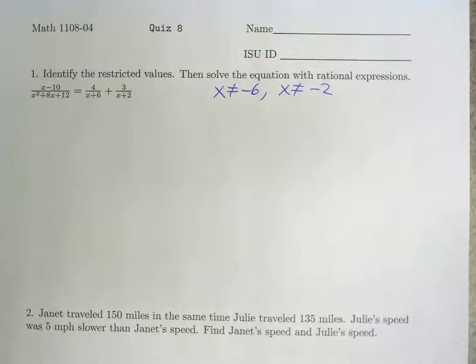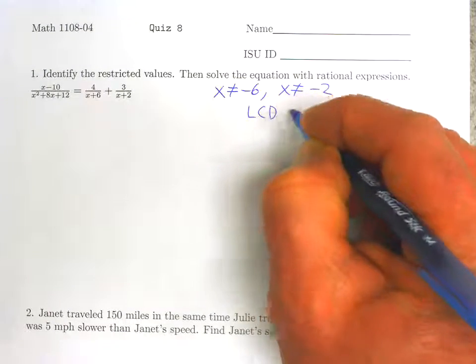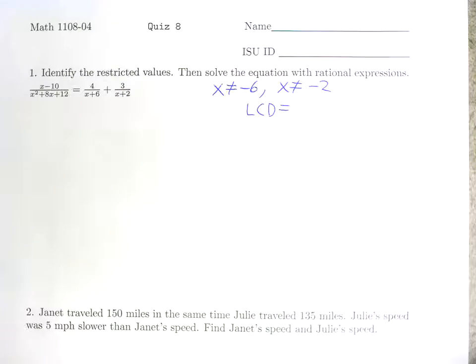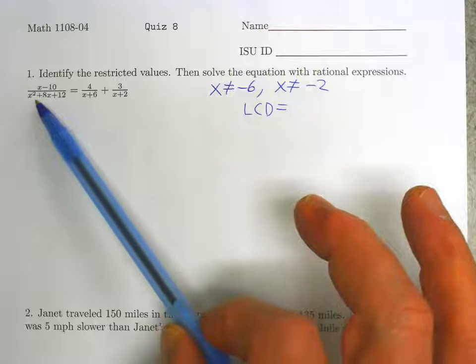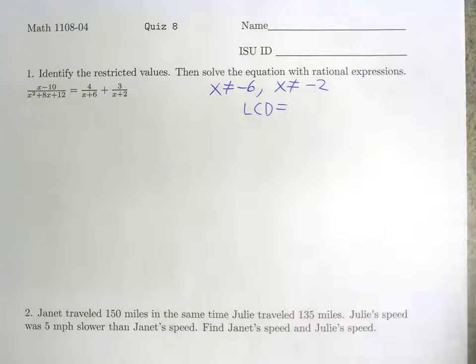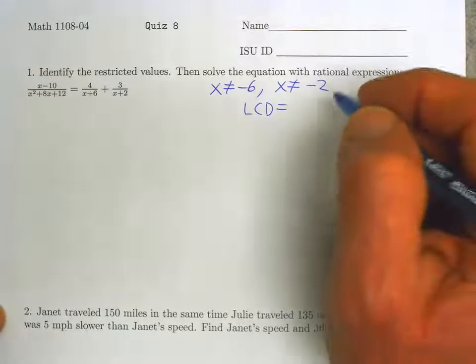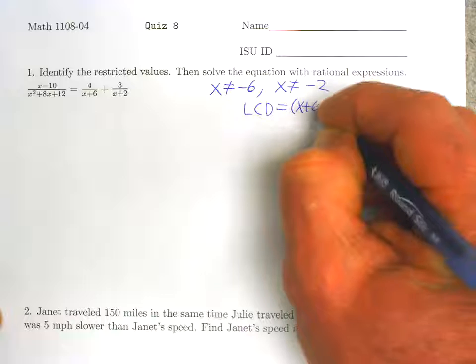So in order to do that, we need to identify the least common denominator, which is just the least common multiple of the denominators. And since x squared plus 8x plus 12 equals x plus 6 times x plus 2, the least common denominator is in factored form as x plus 6 times x plus 2.